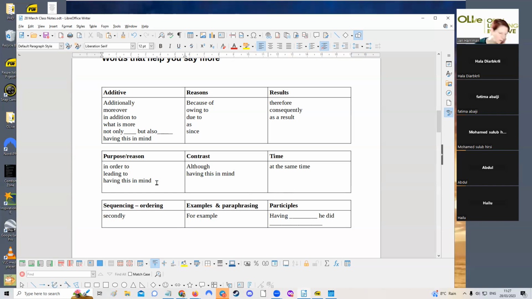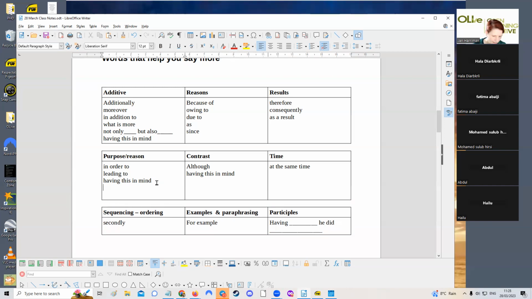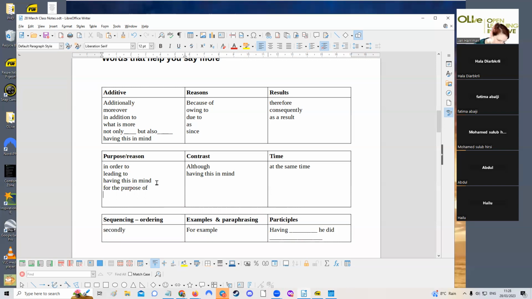What else do I have? For the purpose of. Yes. Very straightforward. And here's a fancy one. Preparing the way for.